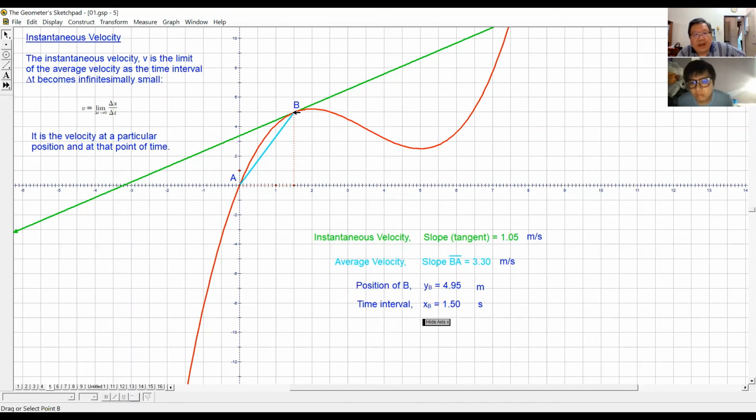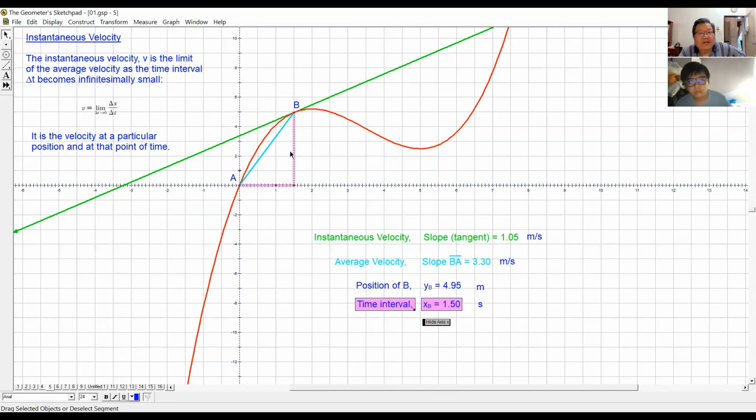If you look at this point B, the height here is 4.95, which represents the distance in meters. Then this distance here is the delta t, the time interval, which is 1.5 seconds.